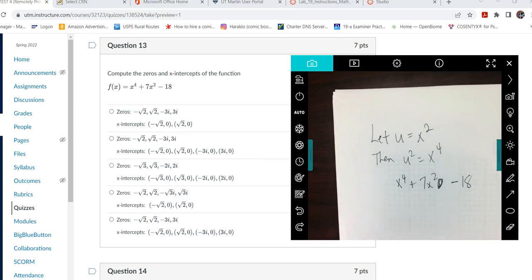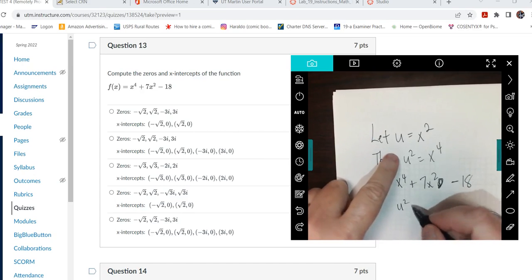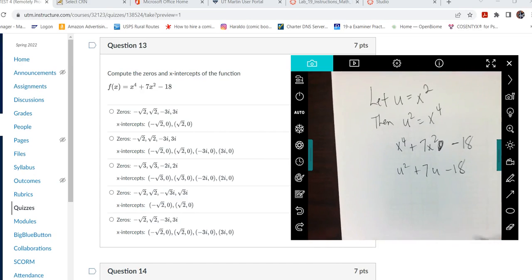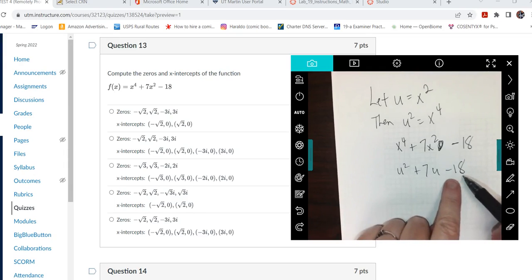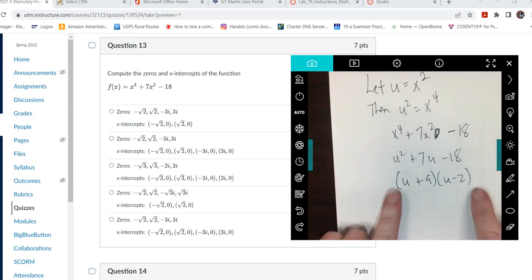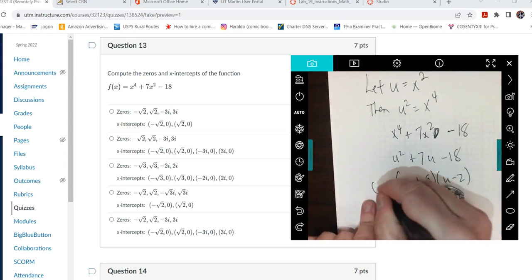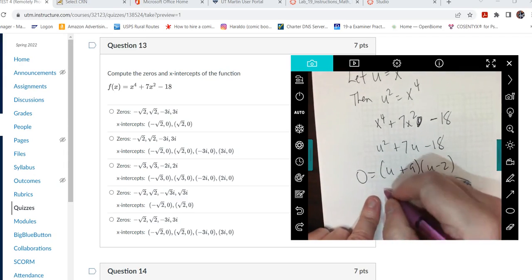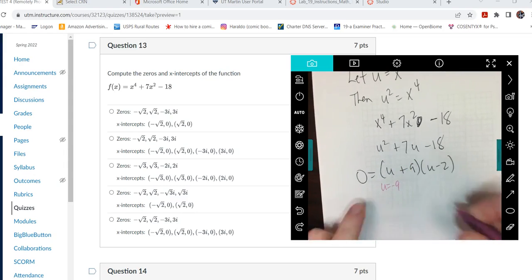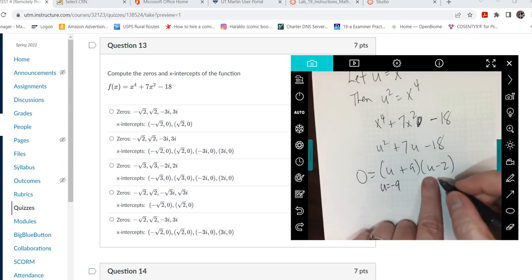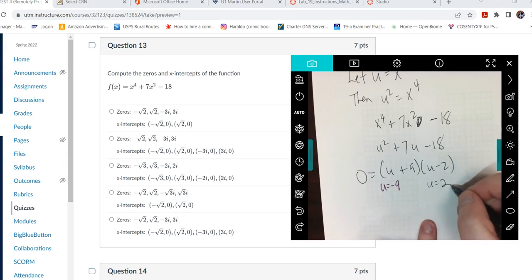That's going to become u squared plus 7 times u minus 18. And I can write this now as u plus 9 times u minus 2. And we can see here what will make this 0. Well, I'll have a 0 if u is negative 9, and if u is equal to 2.